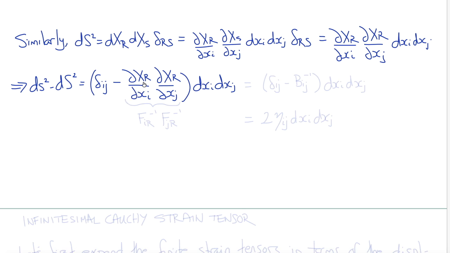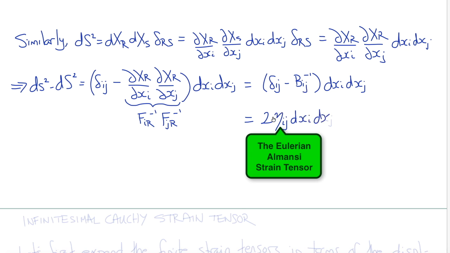And this time we notice that del Xr over del xi is the inverse of F_ir, del Xr over del xj is the inverse of F_jr, and their product is the inverse of the left Cauchy-Green deformation tensor b_ij. So now we get that the difference in the squared length changes is equal to 2 times a_ij, since this expression is 2 times the Almansi Eulerian strain tensor.